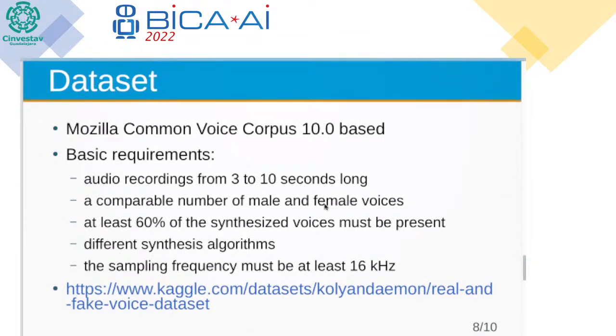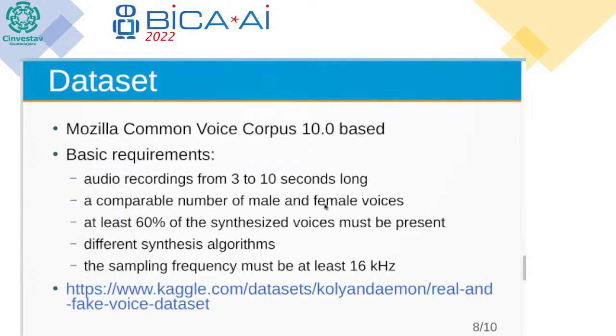To test the performance of the synthesized voice recognition, we assembled a data set in English. Now it's in English only. The existing Mozilla Common Voice data set was taken as a basis. It contains more than 2,000 hours of verified voice.